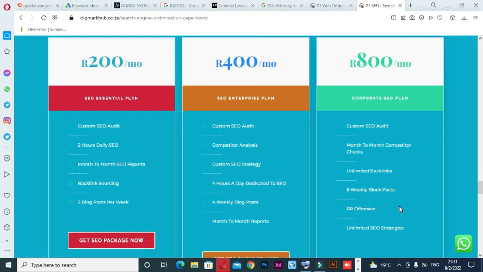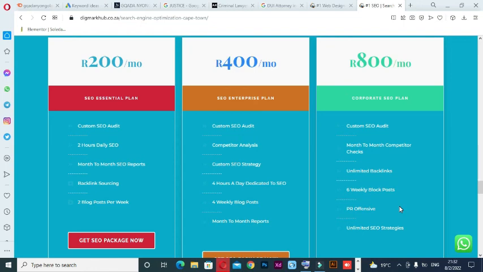And the PR offensive is, we will try by all means to utilize any available public relations opportunity, like events and maybe media like newspapers. Take for example a lawyer, we might also try to make your name appear sometimes, because there are some cases which are newsworthy.